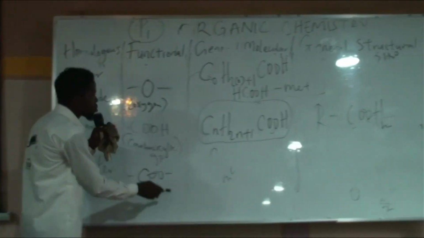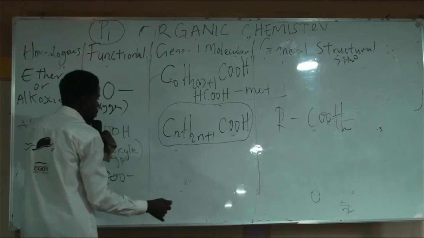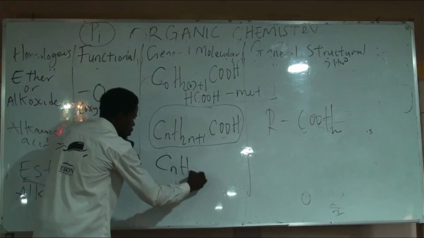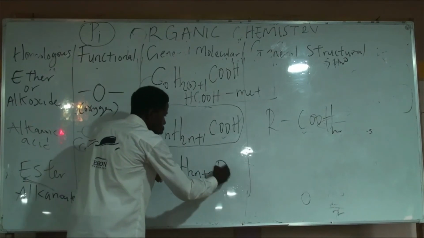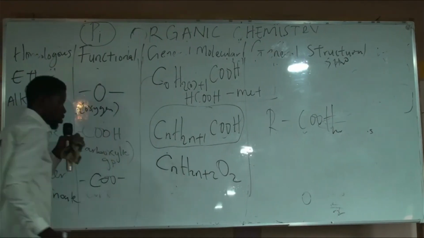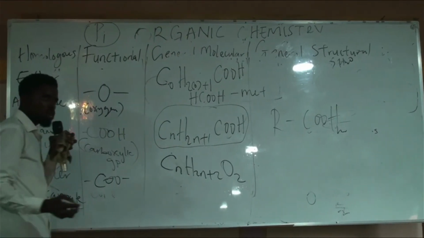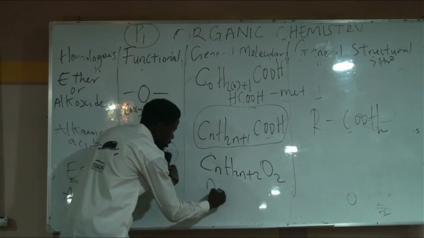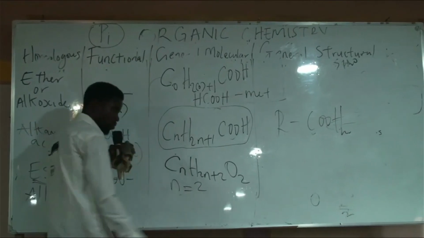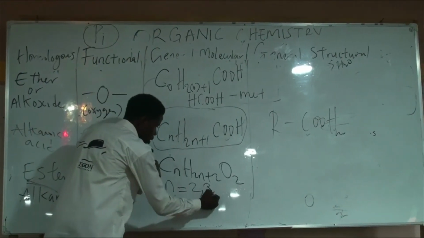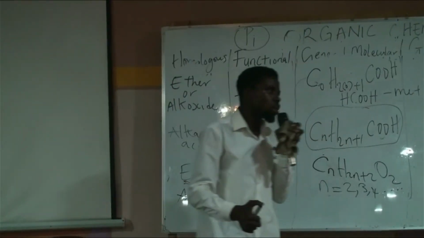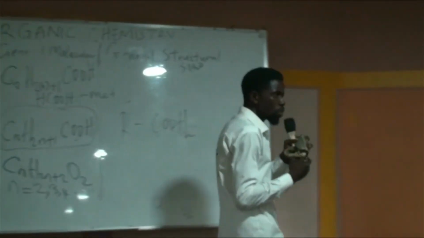Let's continue. The general molecular formula of esters: CnH2n plus 2O2, n starts from 2, 3, 4, and so on.